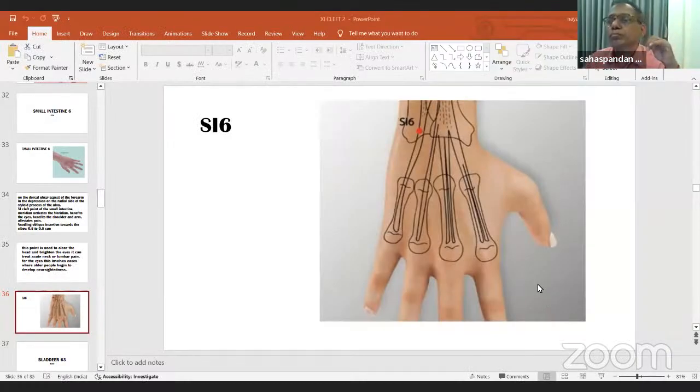Okay, exercise 6, locate the location. Okay, Indraji, very good. Exercise 6.